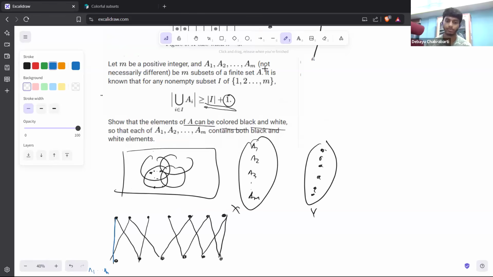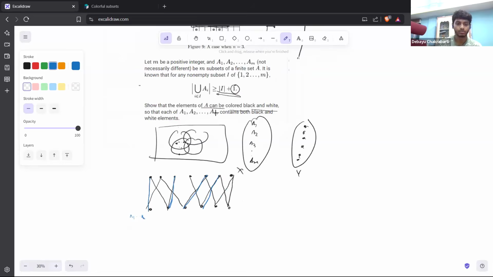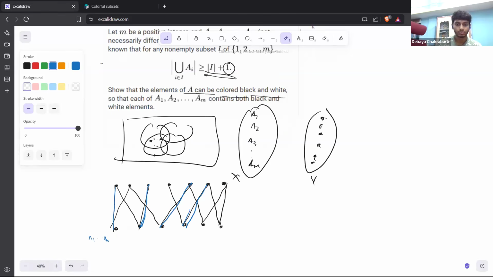Okay, let's just consider a matching. Oh, wait. We don't even have a matching. We need more vertices.